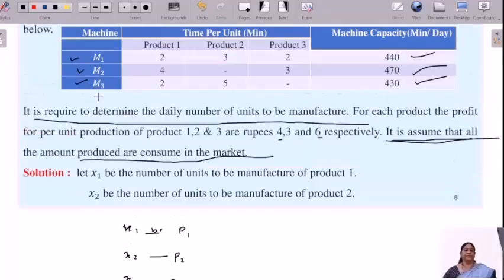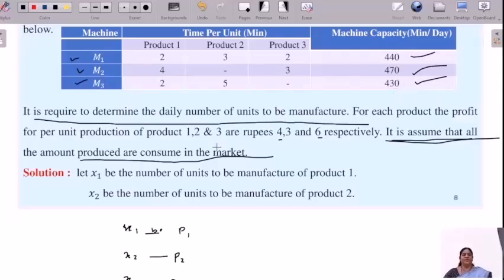Now see the given condition. Machine M1 requires 2 minutes for product 1. Machine M2 requires 4 minutes, and machine M3 requires 2 minutes for product 1. But machine M1 has a daily capacity of 440 minutes, machine M2 470, machine M3 430.